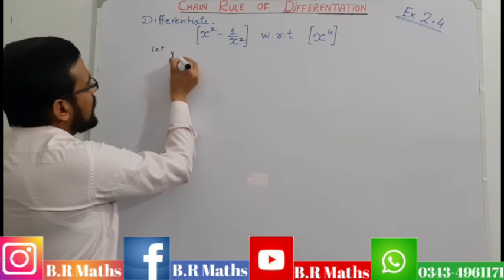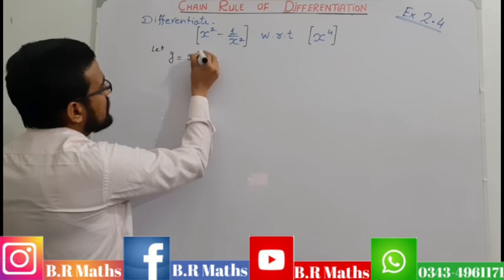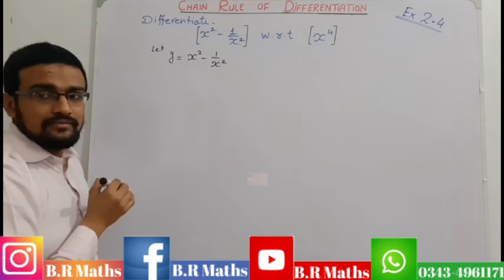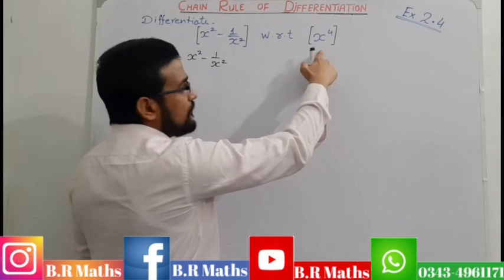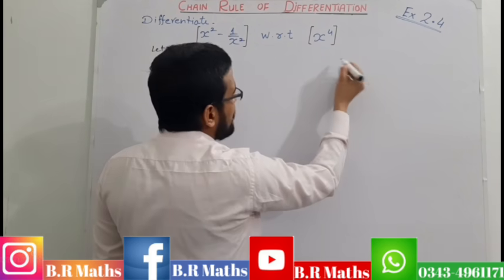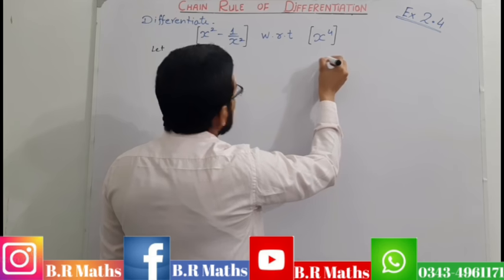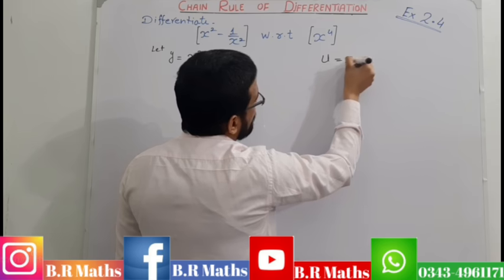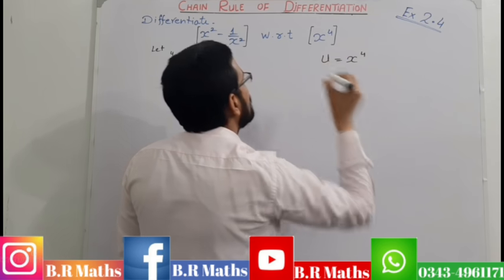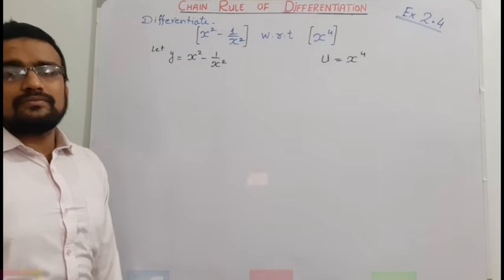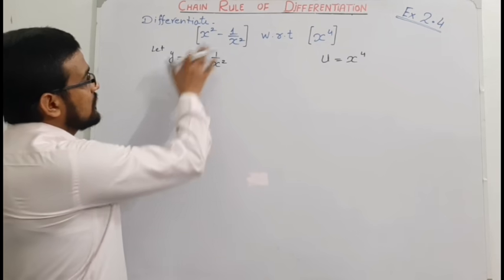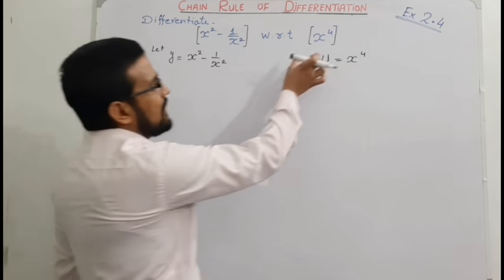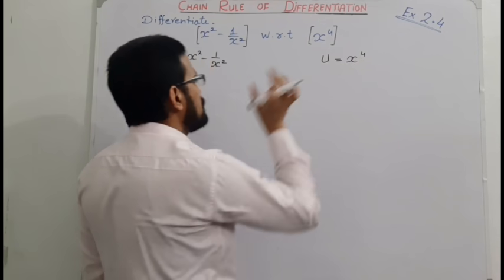Suppose y is x square minus 1 over x, and this function, let us say, is u. First function is y and second function is u.